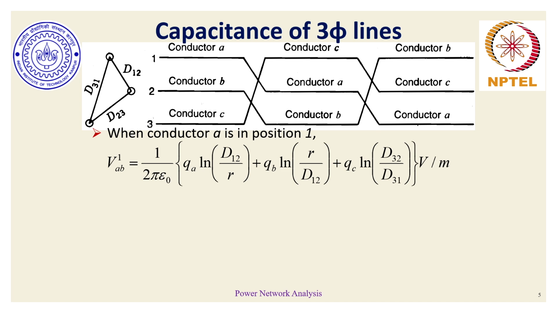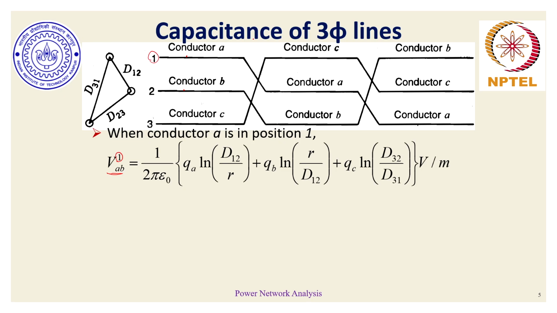What we have here is this expression which is trying to find the potential difference between the center of conductor A and the center of conductor B when A is occupying position 1 and B is occupying position 2. This 1 here should not be confused with the 1 present over here.